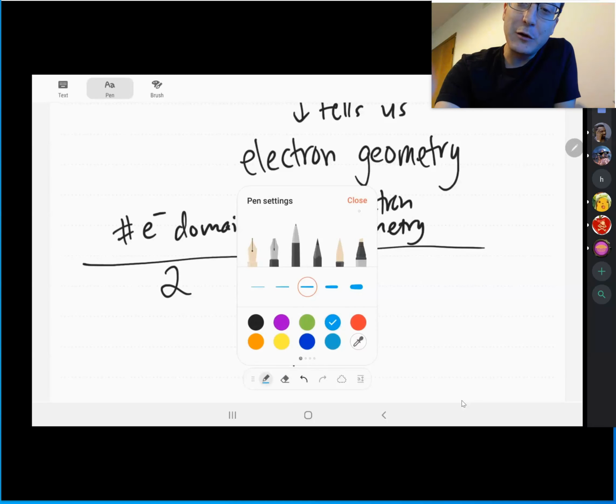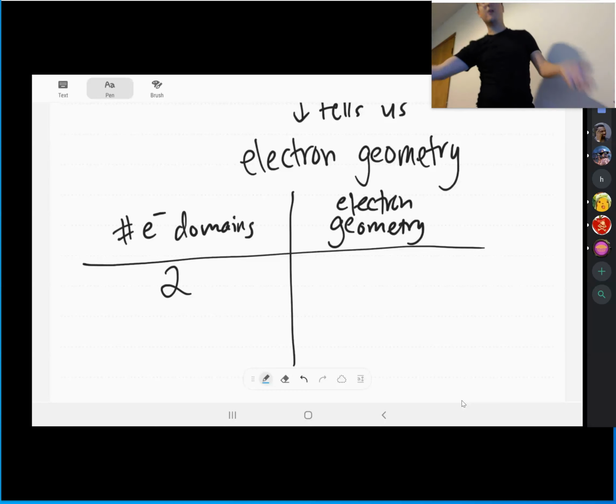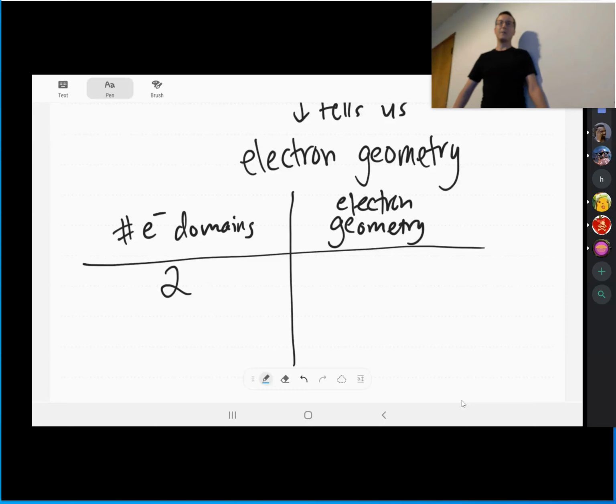Alrighty, pop quiz for you guys. If you had two things that are both attached to one thing in the middle, for example, I have a body with two arms on it. How could I arrange these arms around myself so that they're as far apart from each other as possible?